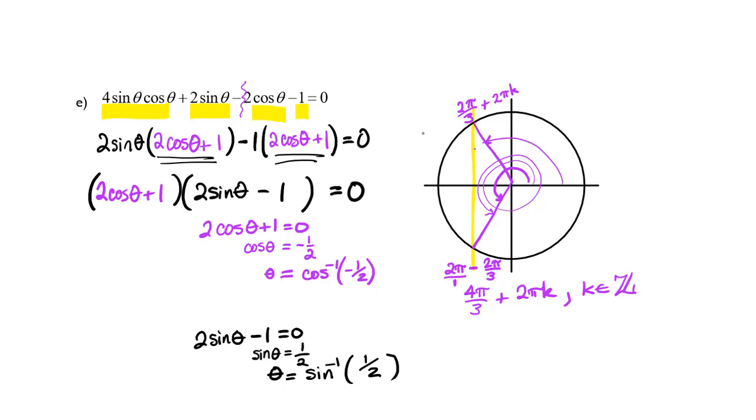So I'm going to draw a horizontal line at approximately 1/2, and I'm looking for the location of those angles that will give an output of 1/2 for sine theta. And that will occur at pi over 6 and 5 pi over 6. So the answer to this is pi over 6 plus 2 pi k, and at 5 pi over 6 plus 2 pi k.